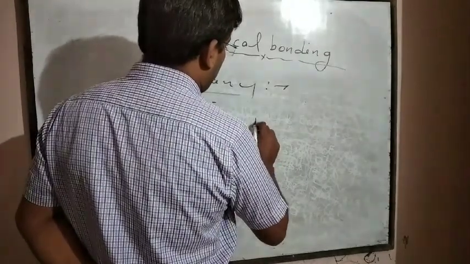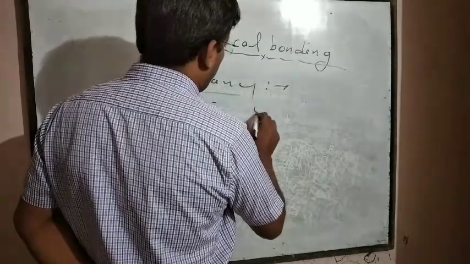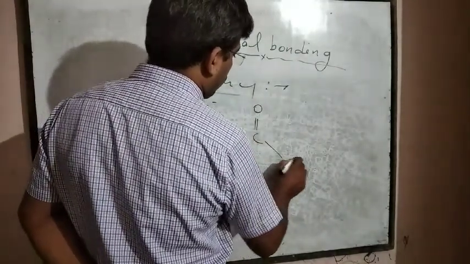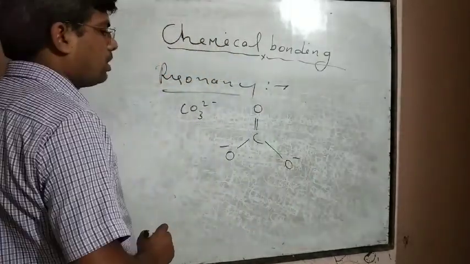Here double bond O, O minus, O minus. This one is the carbonate ion.